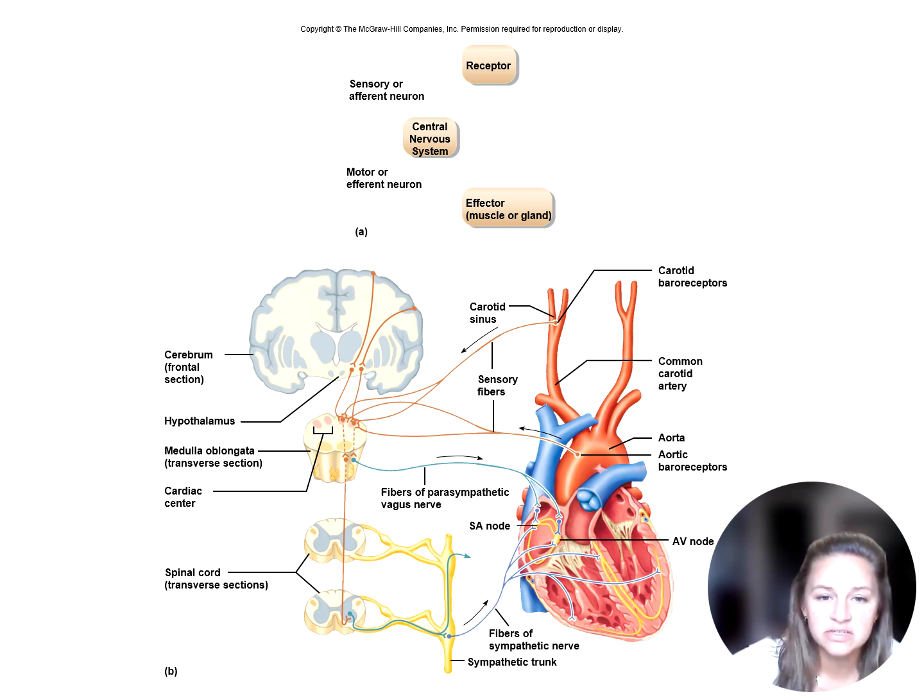And then here, these are the fibers of the sympathetic nerve. This would be like that flight or fight response. This would tell your heart rate to speed up. So this is showing how these nerves can also help coordinate the heart rate that's regulated by that SA node.